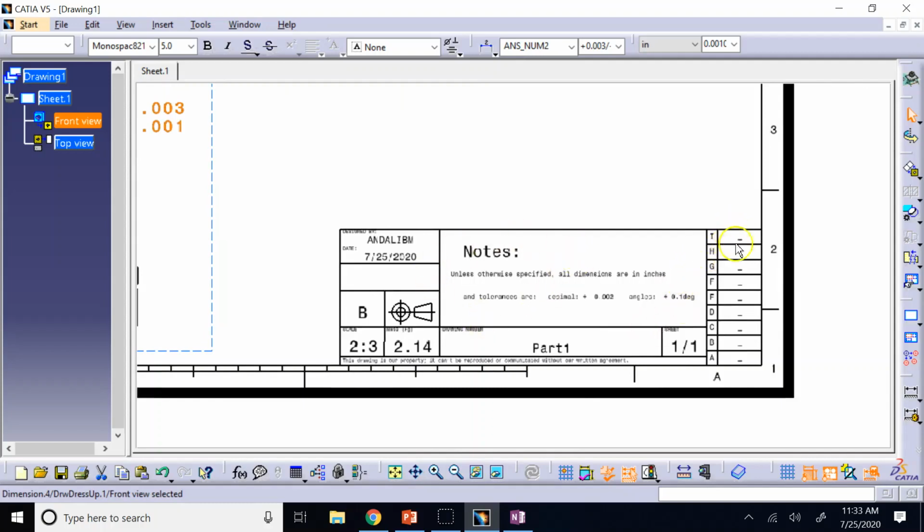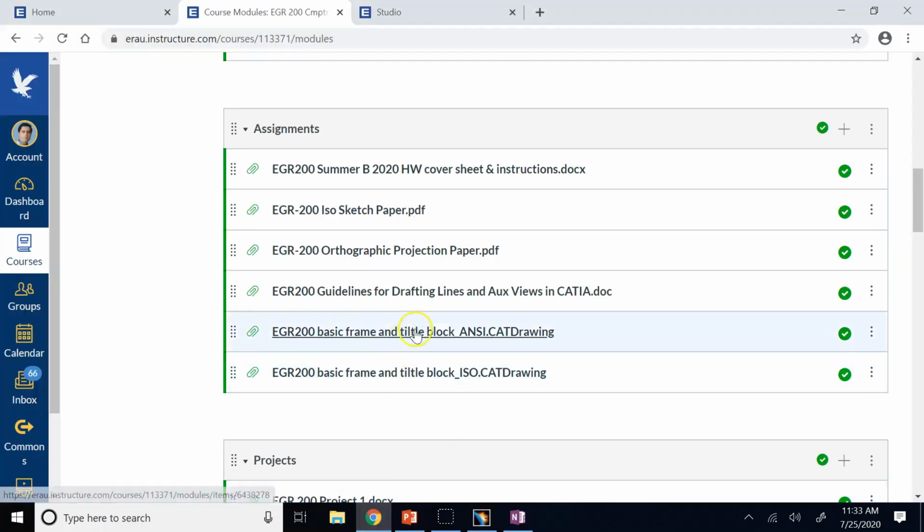So instead of this with so much stuff that you don't need for the sake of this course, many of these are for more advanced drafting for companies and so on, like checked by, supervised by, document number, and so on. Many of these details you don't need. So instead of this more complicated frame and title block, I made for you two different simpler and more efficient versions for this course.